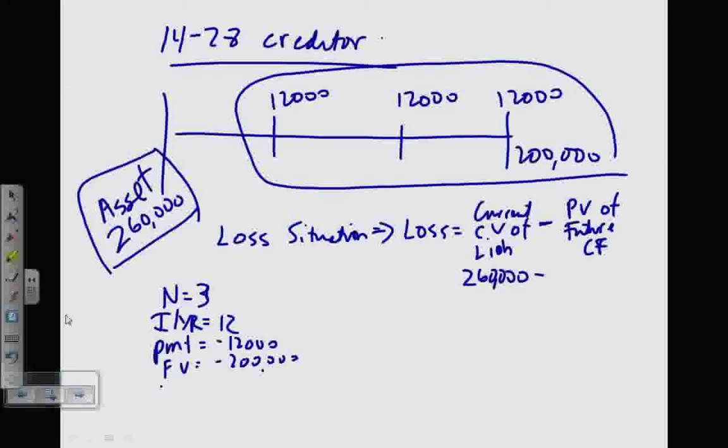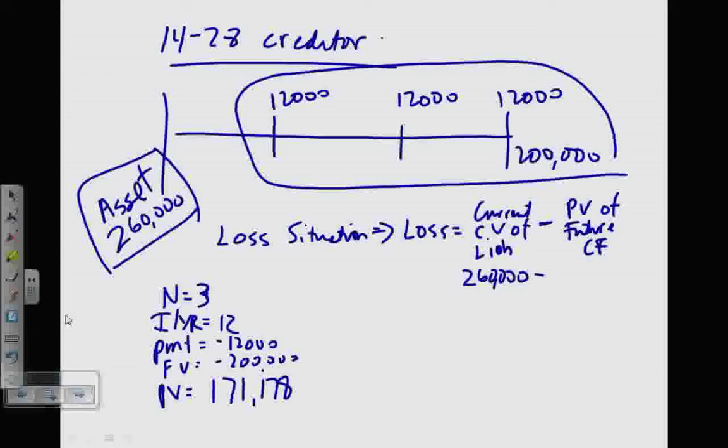And when I do that calculation, 3 n, 12 interest rate, negative 12,000 is my payment, negative 200,000 is my future value, my present value is 171,178.